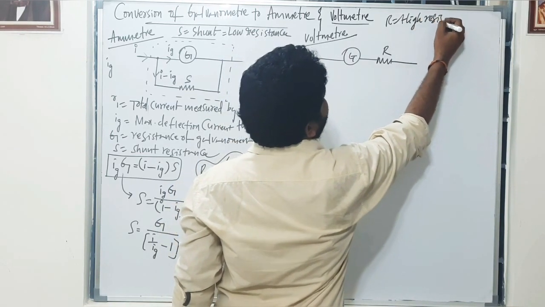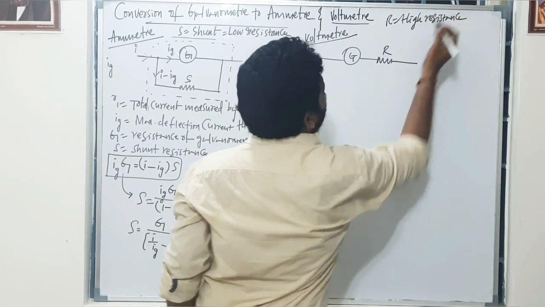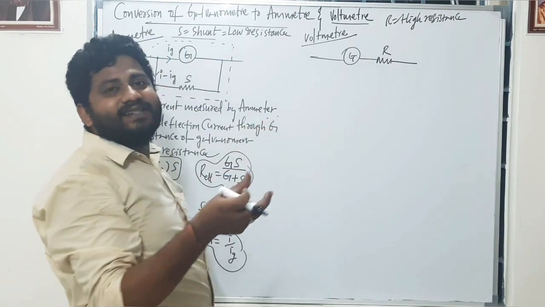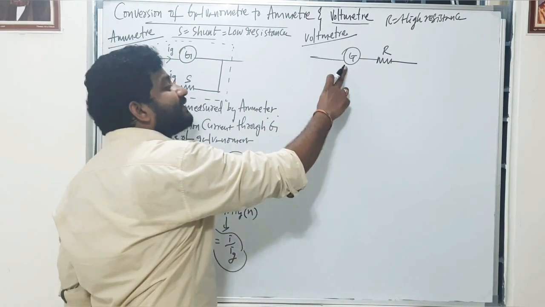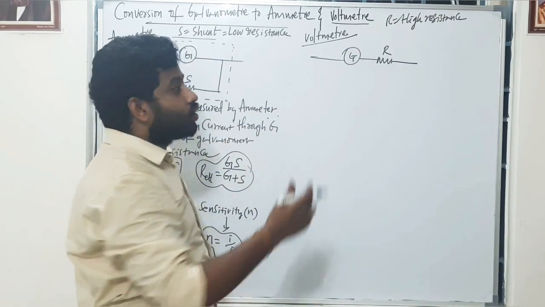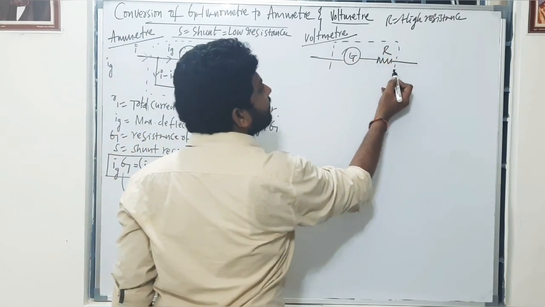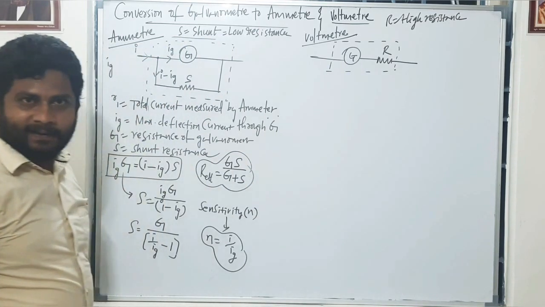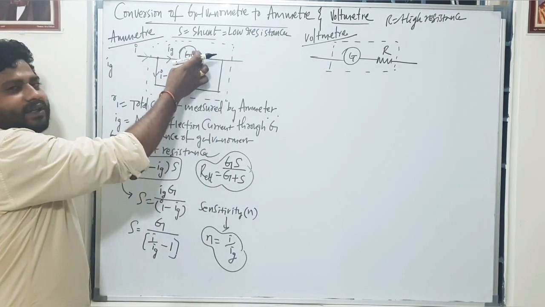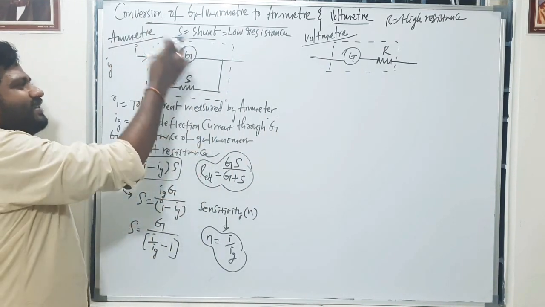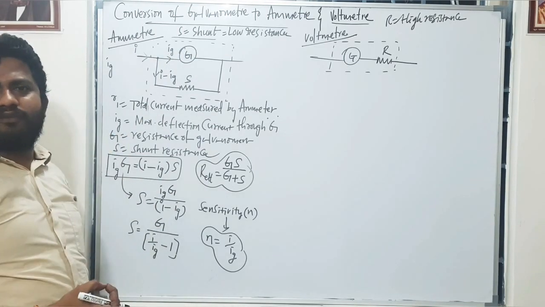R is what? High resistance. So when a high resistance is connected in series with the galvanometer, this complete setup is called a voltmeter.